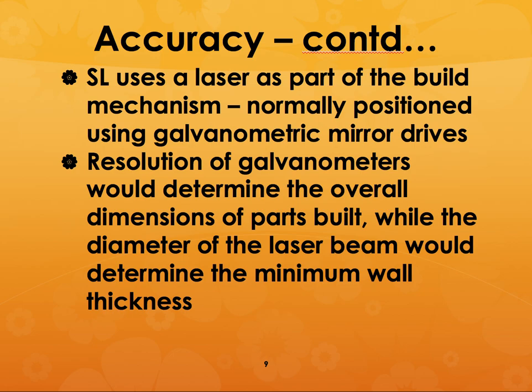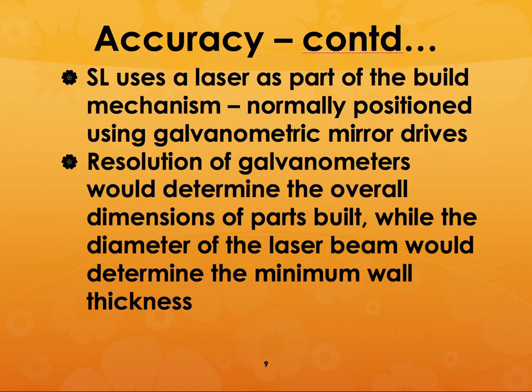So suppose your laser dimensions are going to be in the millimeters. You might need to have at least 3 of those lines put together in order to get some reasonable strength for your wall. So your wall thickness has to be a minimum of, say, 3 millimeters.